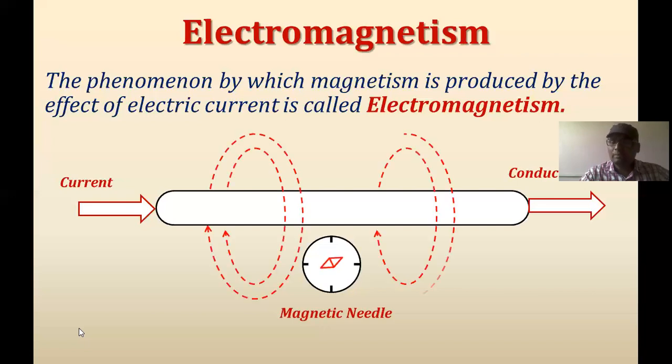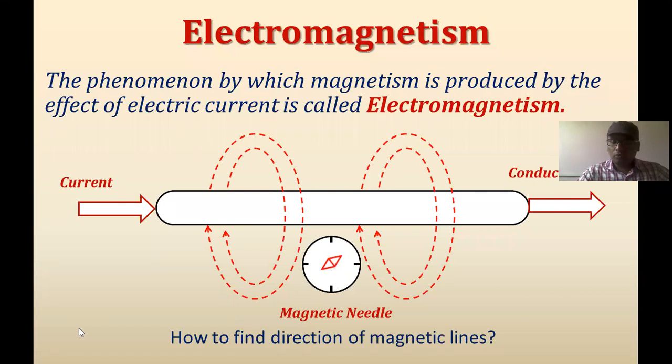And we know that these magnetic lines of force are an imaginary concept. That's why I have shown these magnetic lines of force as dotted lines, and they are always in concentric circles around that conductor. Now, if we go forward, the question comes: how to find the direction of the magnetic lines?